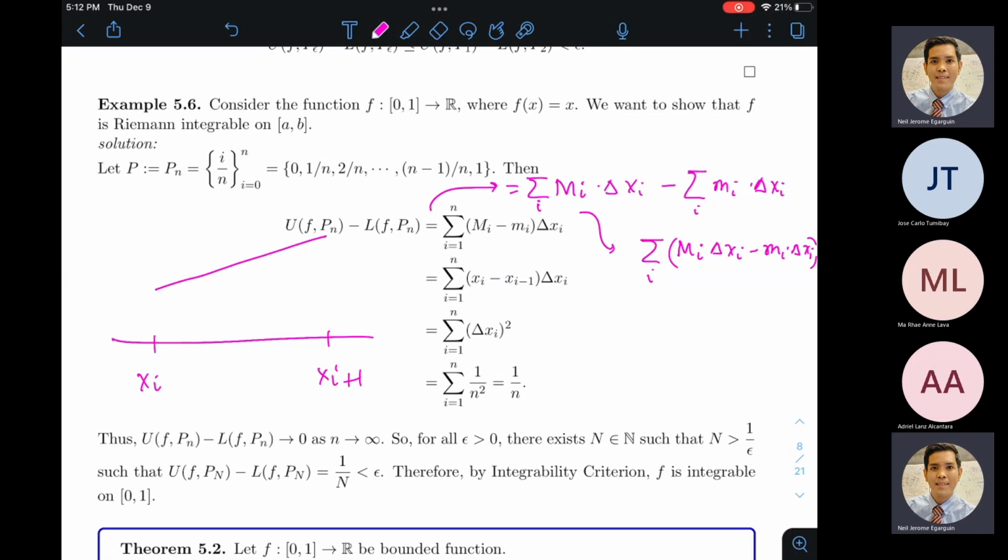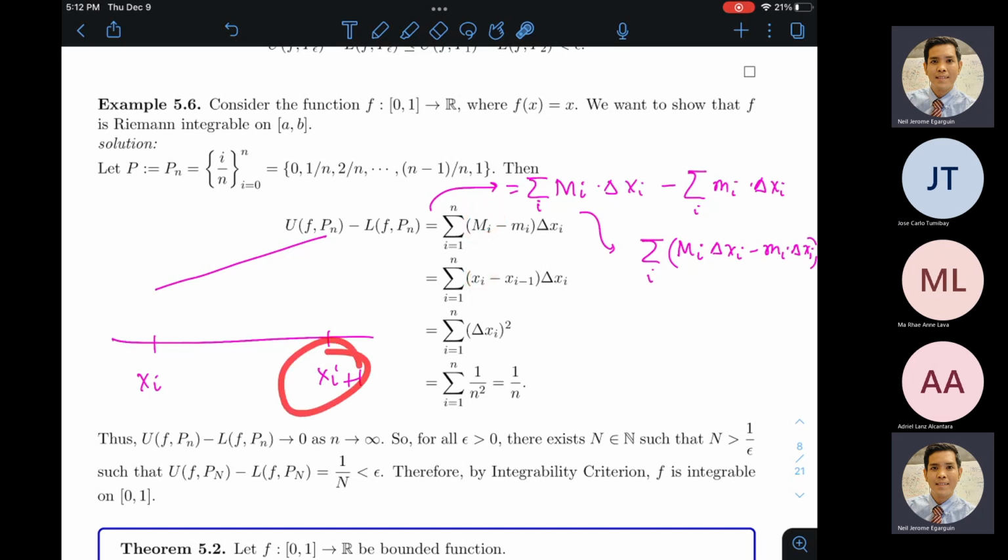The suprema occurs at the right endpoint. The supremum resides at the right endpoint, while the infimum resides on the left endpoint, right? So dun sa given interval, ang supremum ay yung x sub i, alright?